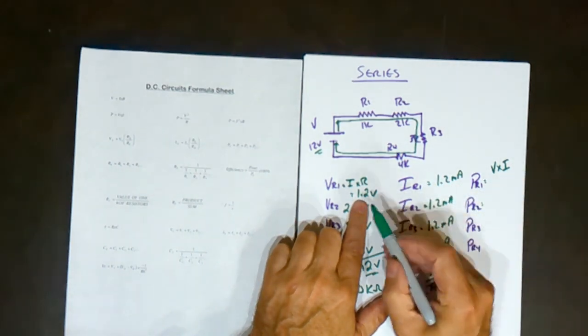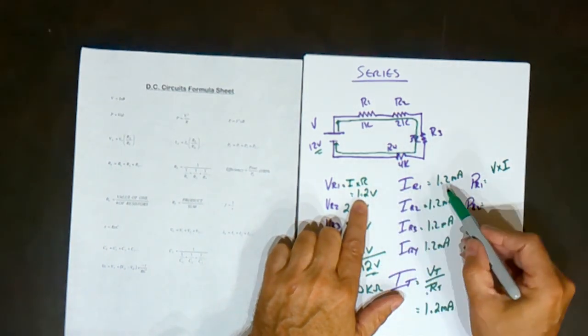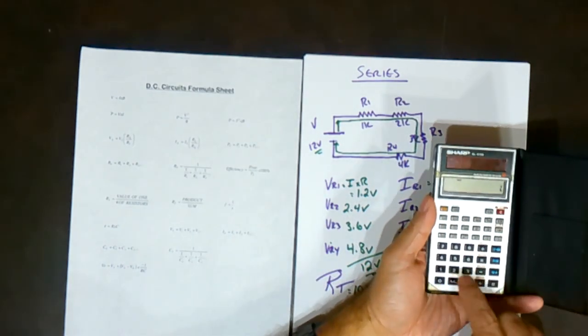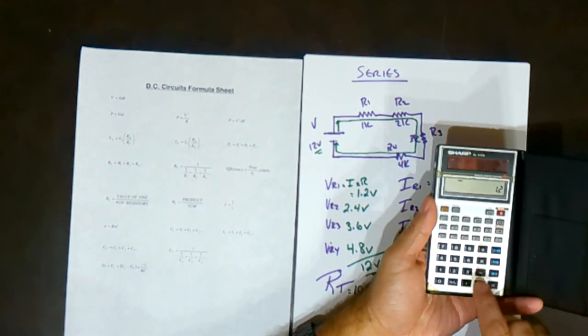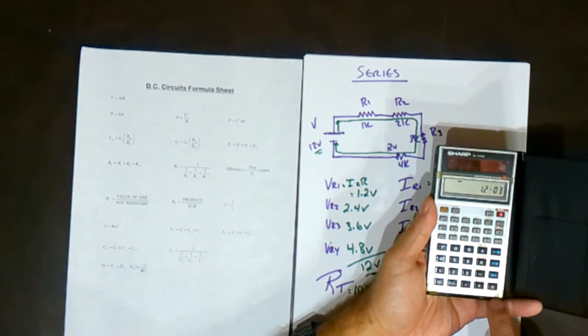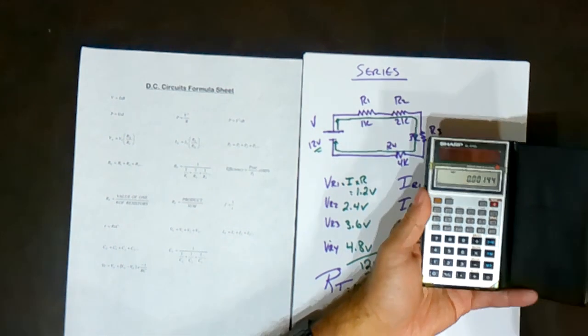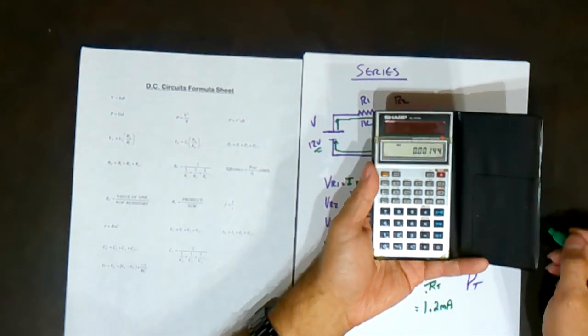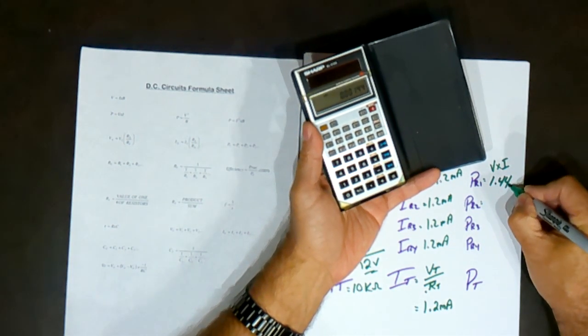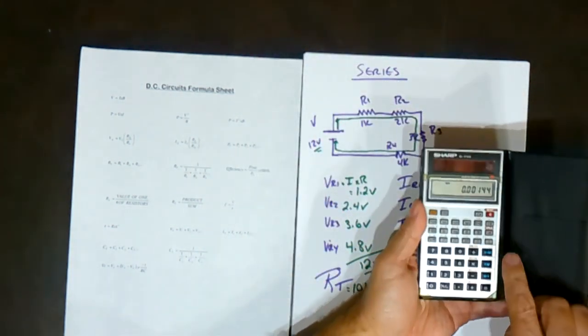So voltage, 1.2 volts times 1.2 milliamps of current gives us 1.44 milliwatts of power.